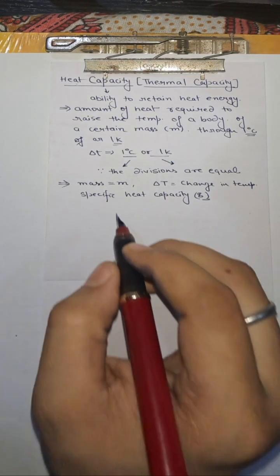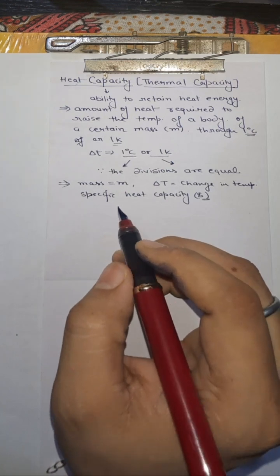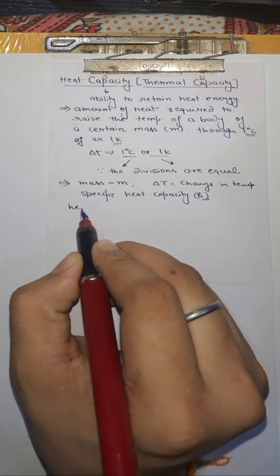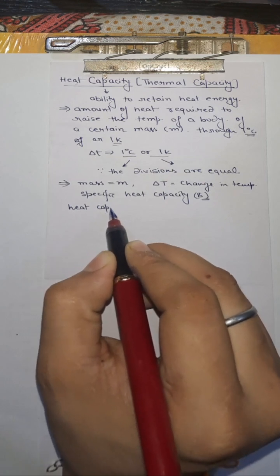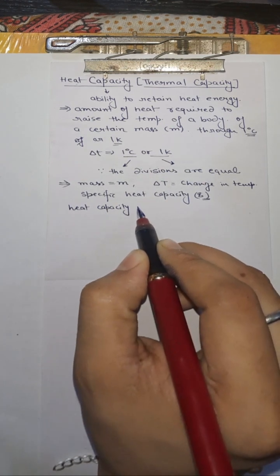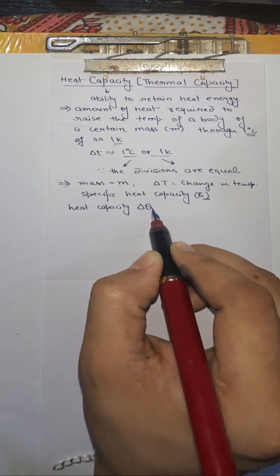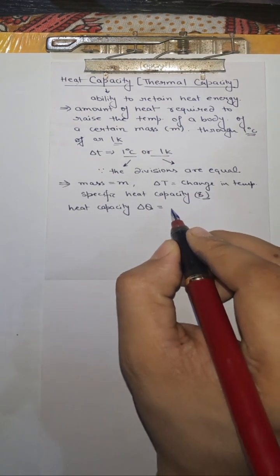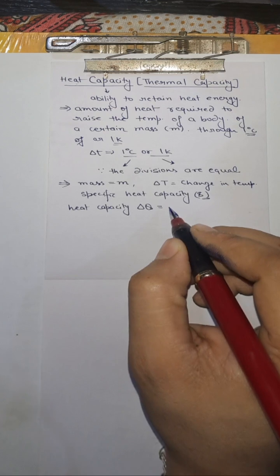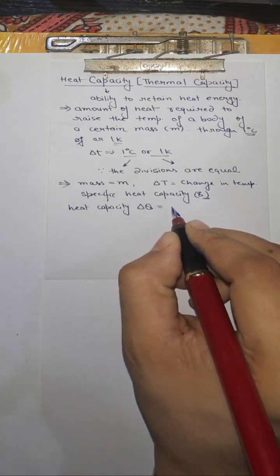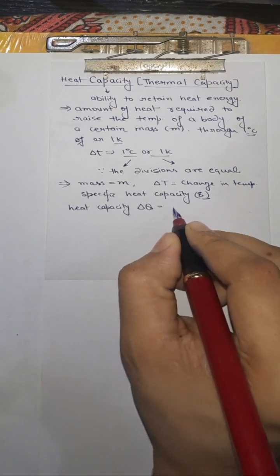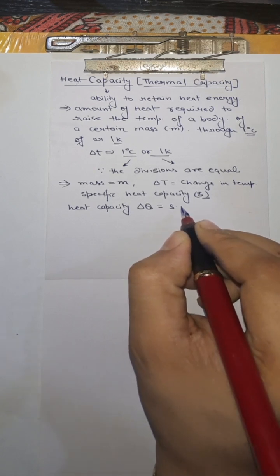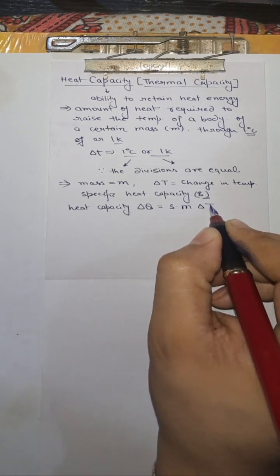So the thermal capacity or the total heat capacity of the object is given by delta Q. And this delta Q is given as, let us say, S M delta T.